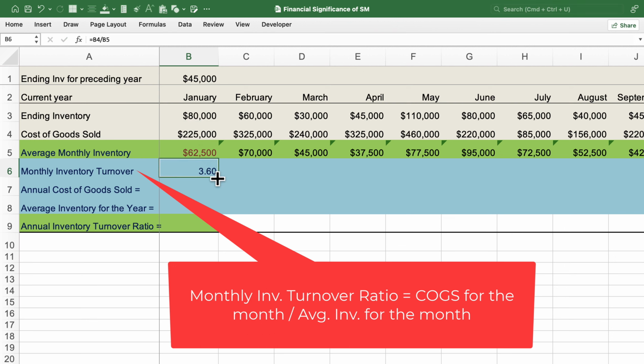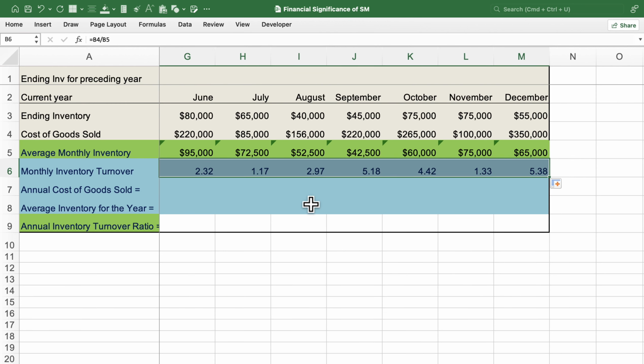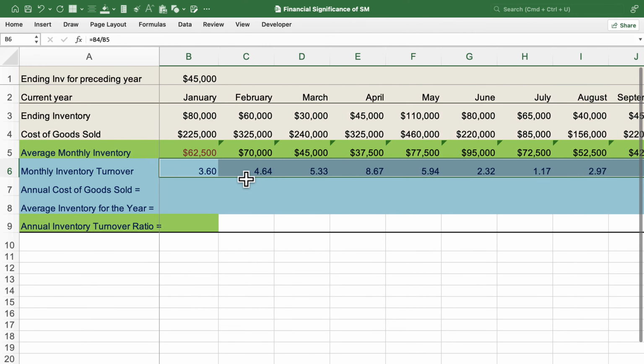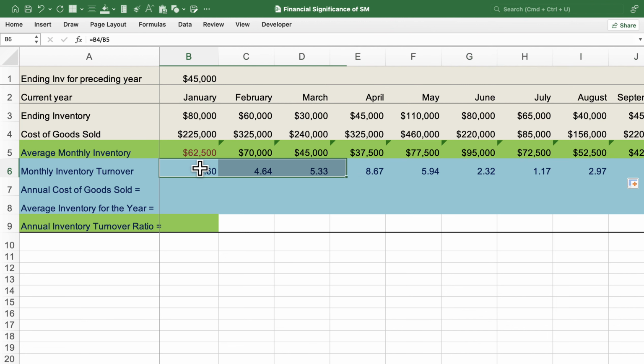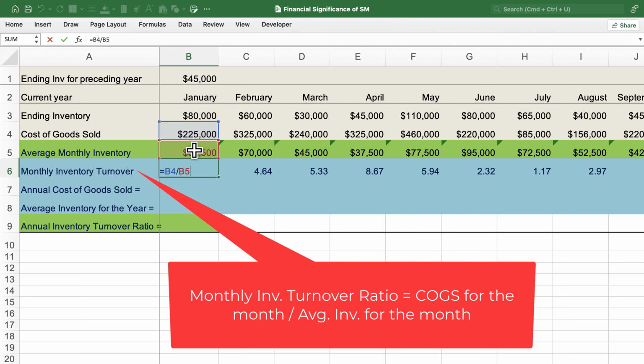And I can copy the same formula to other cells to calculate monthly inventory turnover for other periods. Here we get that monthly inventory turnover for January is 3.6, for February it's 4.64. Again, the formula is very simple: it's a ratio of cost of goods sold and average monthly inventory.